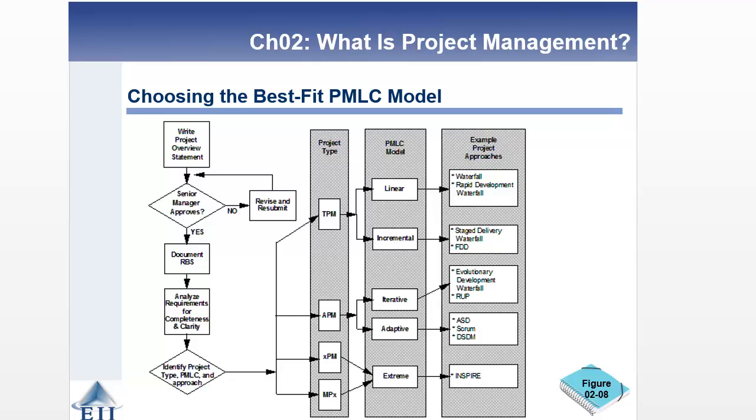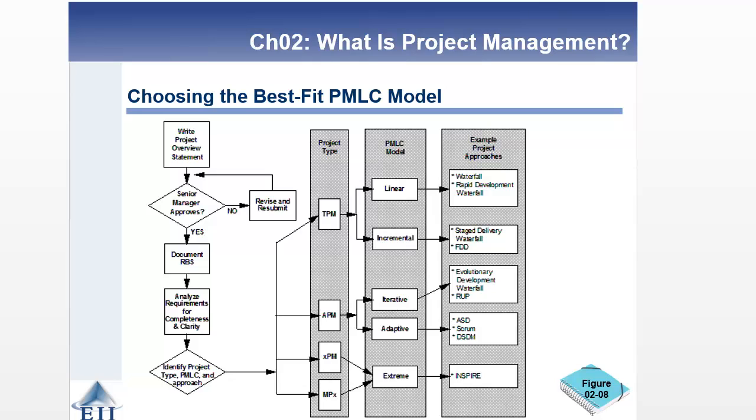Once you have that done, you do a little bit of analysis around that, and if you think about that requirements breakdown structure, that's going to help influence how much we know about the goal of this project, and how much we know about the potential solution to this project.